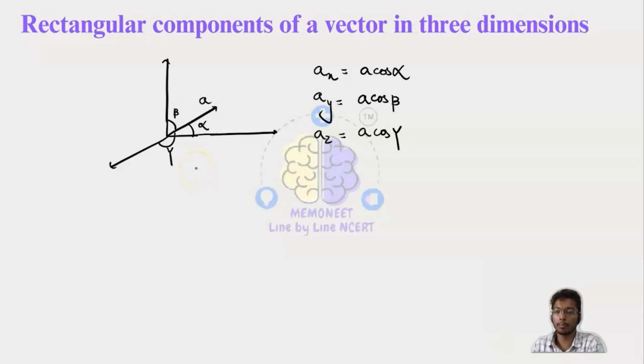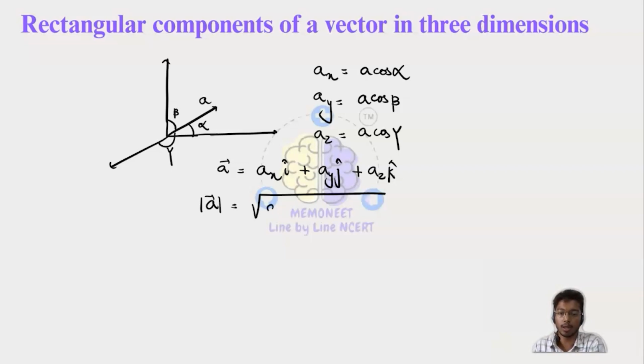The vector will be represented as A vector is equal to Ax i cap plus Ay j cap plus Az k cap. So we can write the magnitude of A vector is equal to under root of Ax square plus Ay square plus Az square.